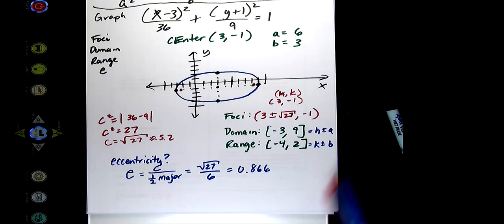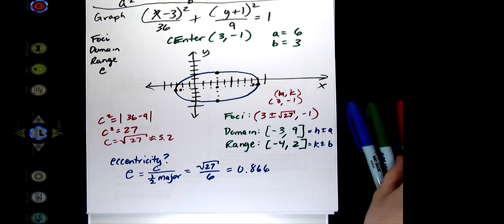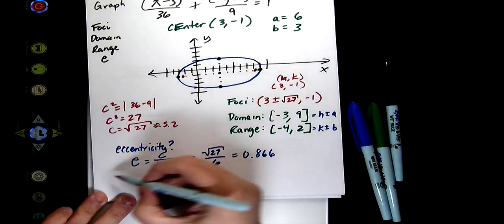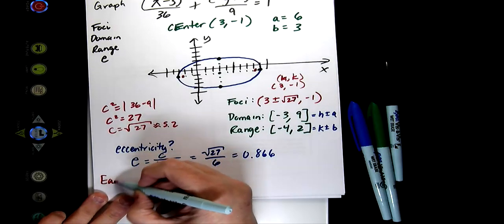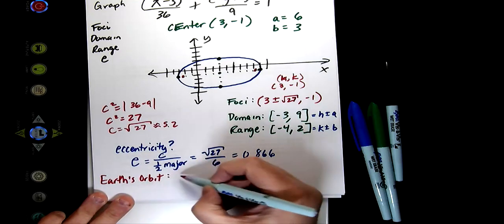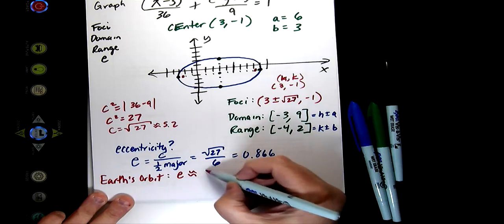Okay, so some fun things related to eccentricity. Earth's orbit has an E of approximately 0.017.